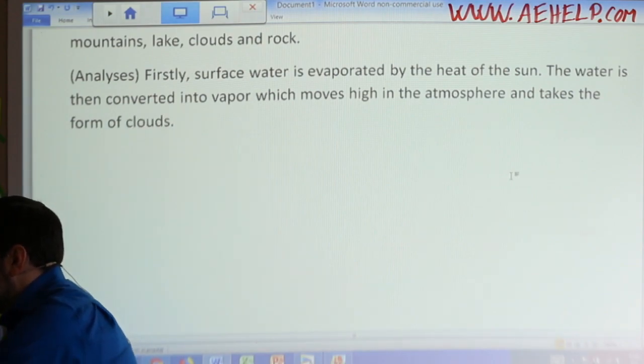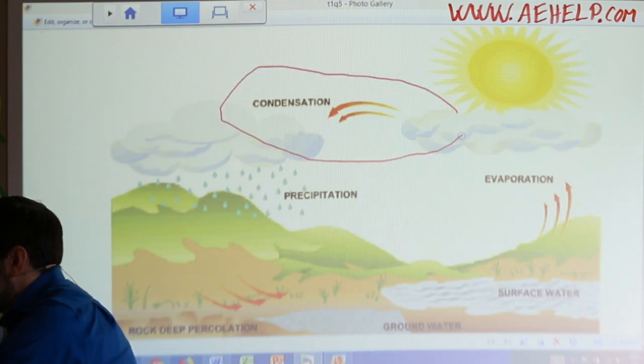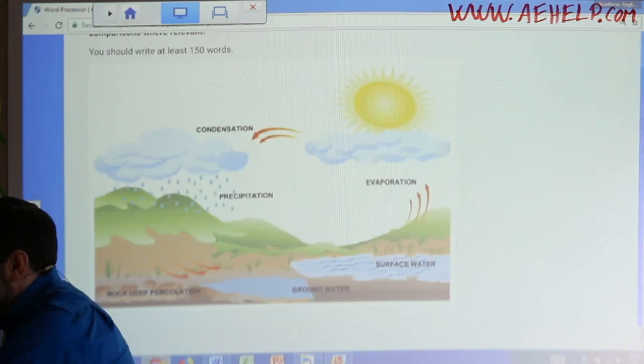Okay, good. So, moving along nicely. So here now we have the clouds. So we're on to this part of the process, which is condensation. Can somebody give me a sentence with condensation?